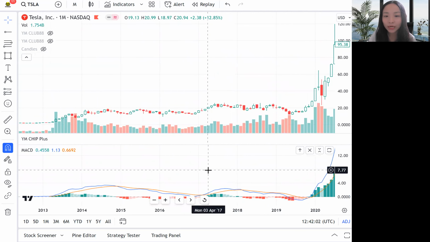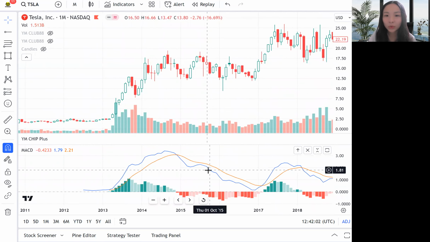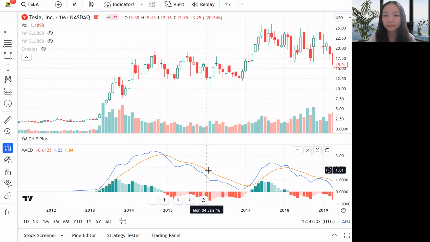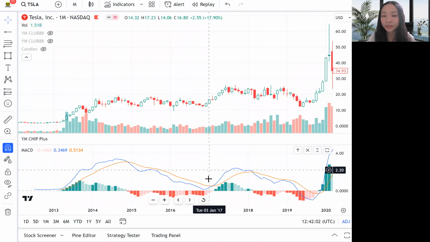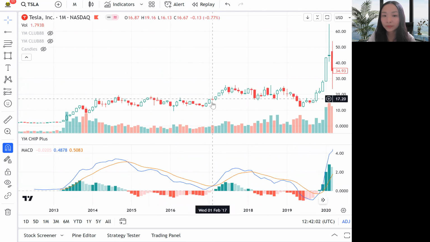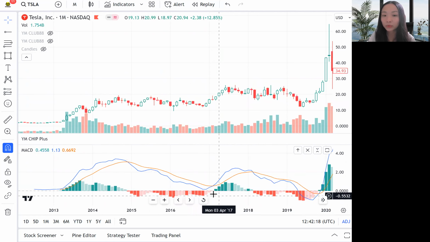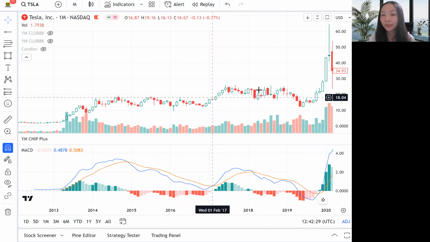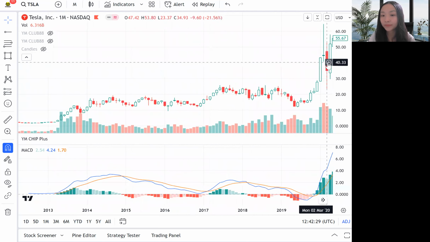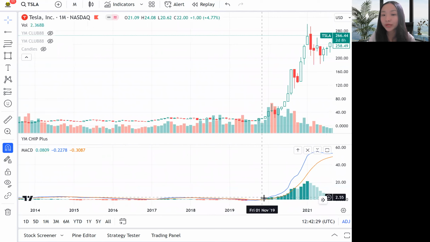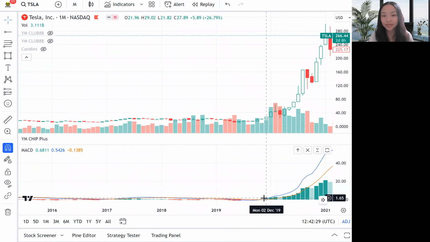So for example, the first golden cross is here. You can see the price is around here, and it happened with a green bar. The green bar and the golden cross go above 0, and what happened is they go all the way up.